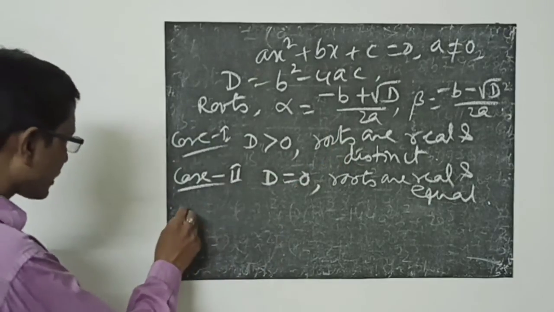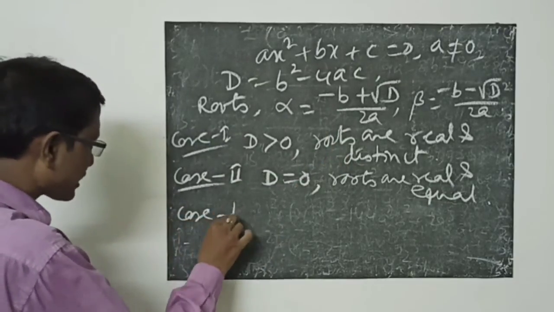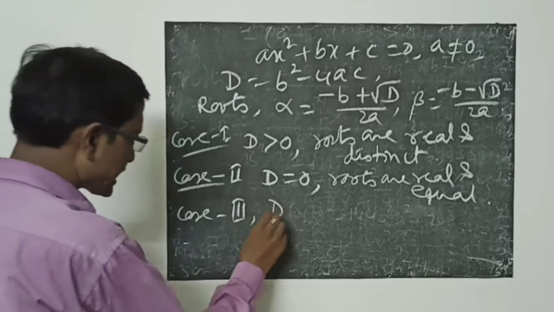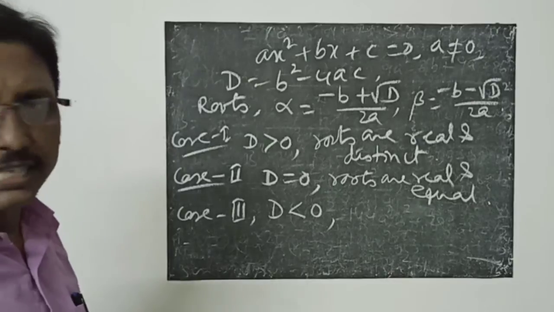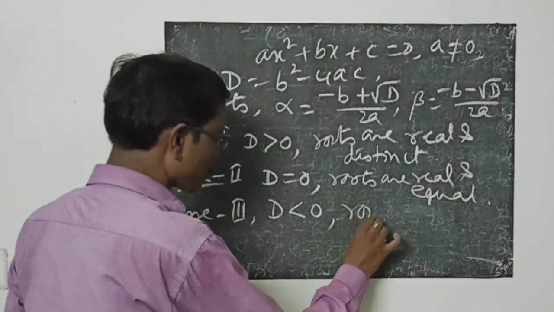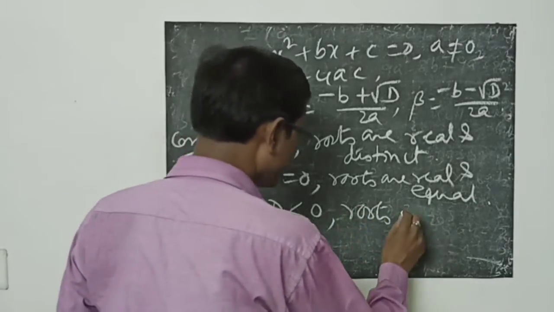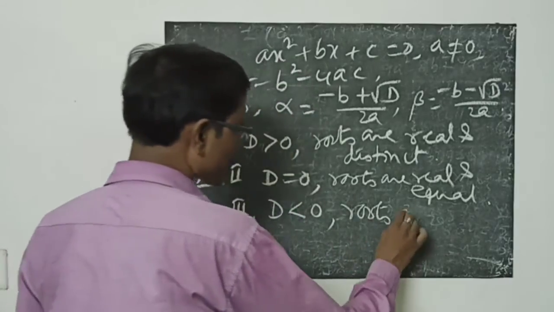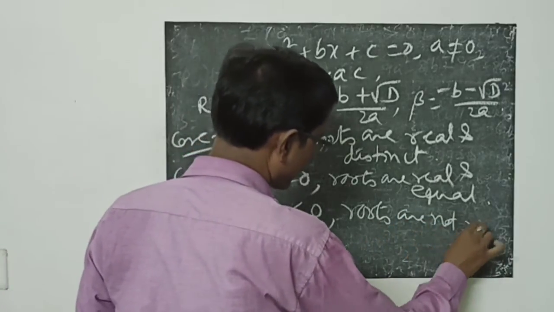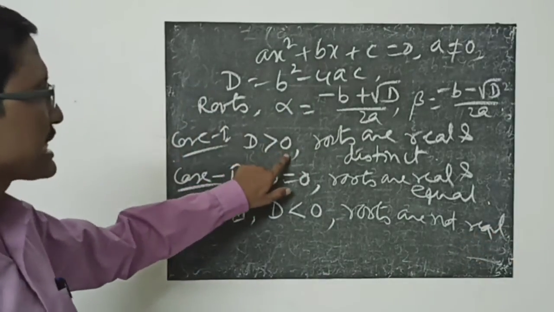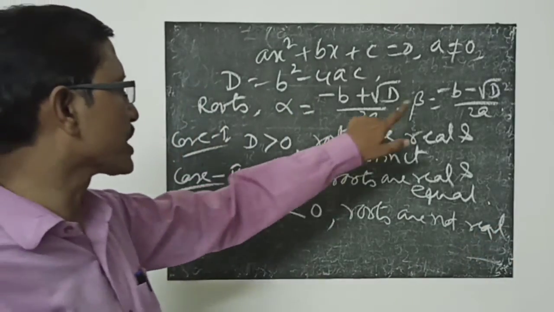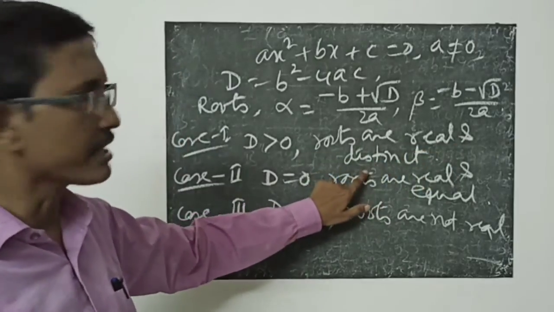And a third case you may get is D less than 0, any negative value. Then the roots will be not real. So we have three cases. If D is greater than 0, then the roots are real and distinct, meaning unequal.